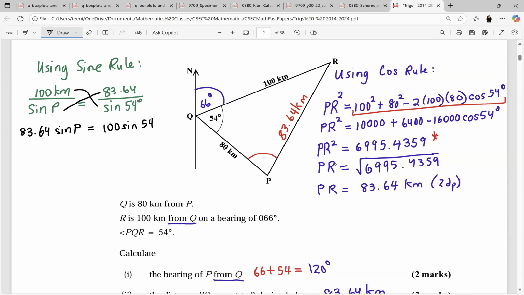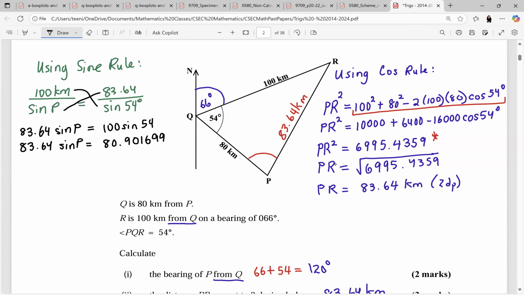Now we could work that out, right? So this would mean that 83.64 sine P is equal to 100 sine 54, which is 80.901699.